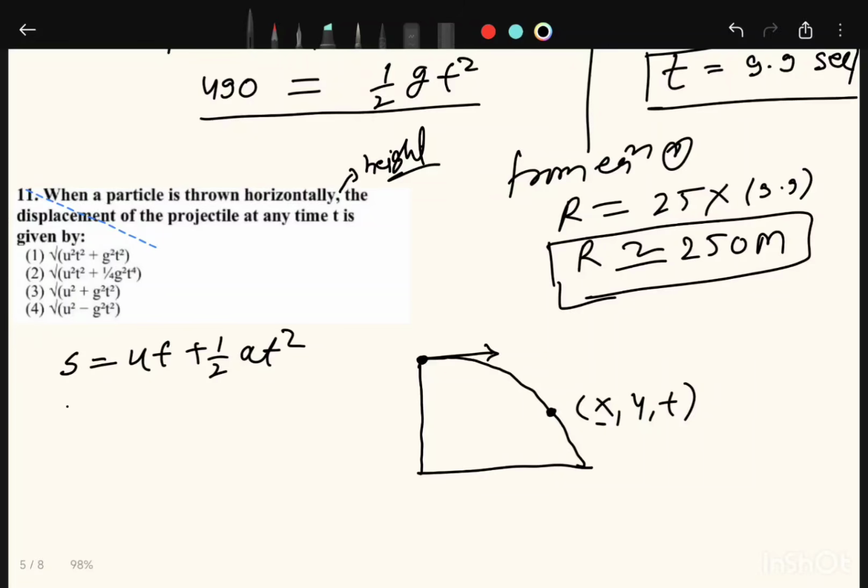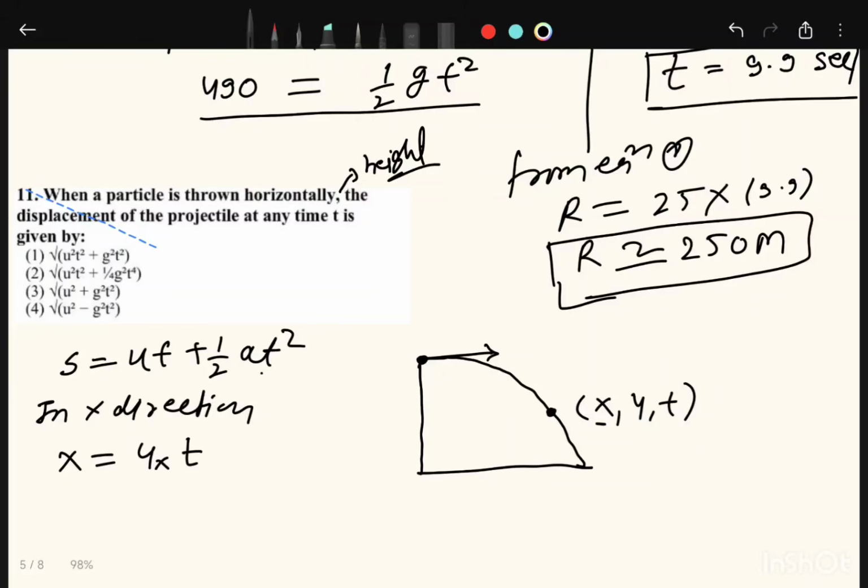First use it in the x direction. In x, s will become x, that will be the x distance, and u will become ux, times t.